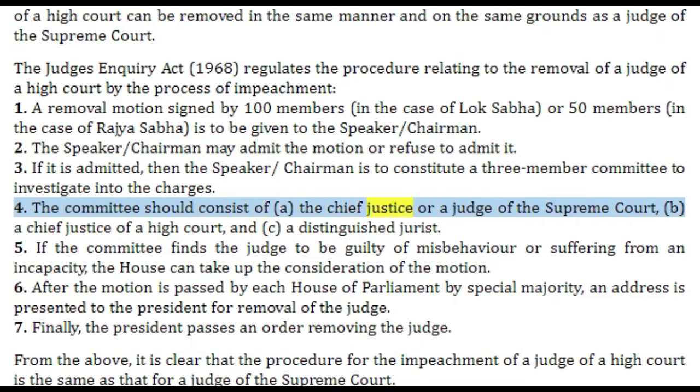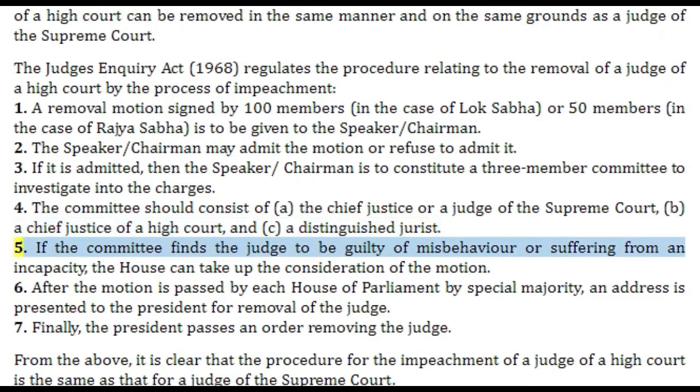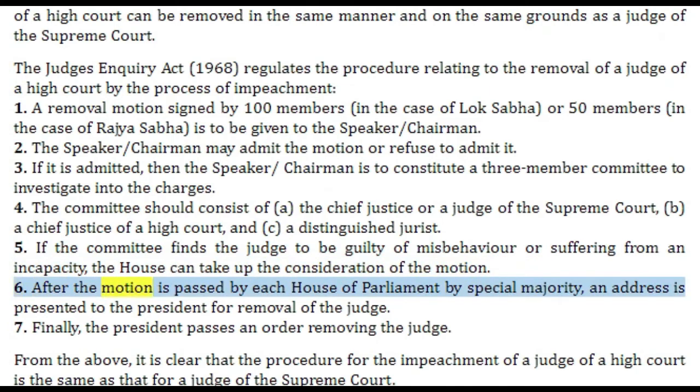a. The Chief Justice or a judge of the Supreme Court, b. A Chief Justice of a High Court, and c. A distinguished jurist. 5. If the committee finds the judge to be guilty of misbehavior or suffering from an incapacity, the House can take up the consideration of the motion. 6. After the motion is passed by each House of Parliament by special majority, an address is presented to the President for removal of the judge. 7.